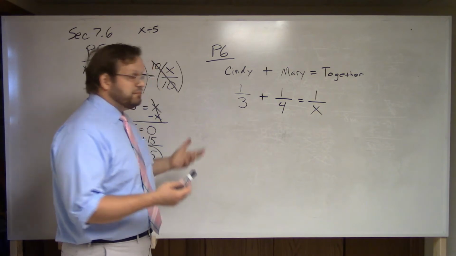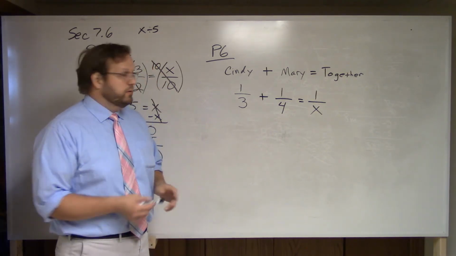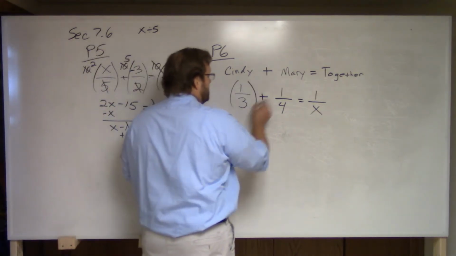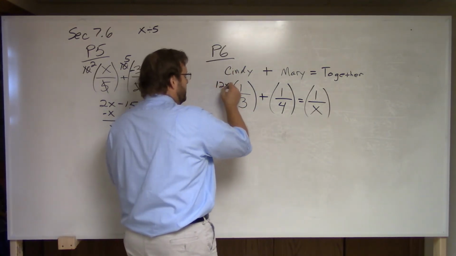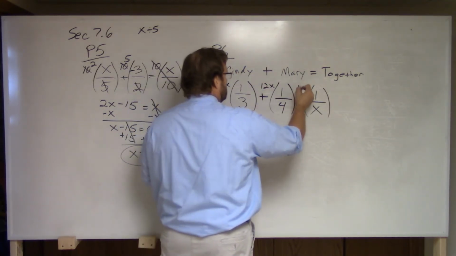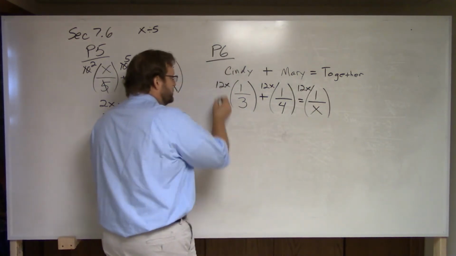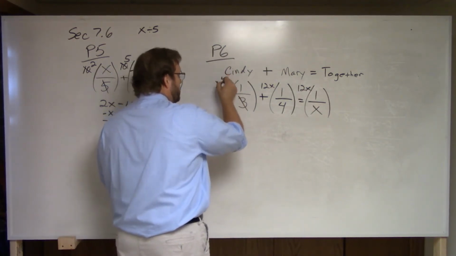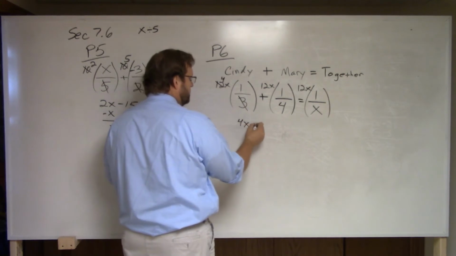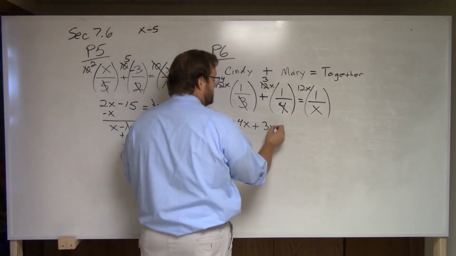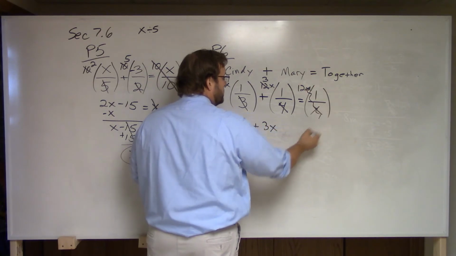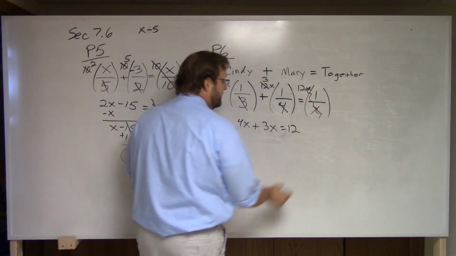And then after that, we have to solve this equation. We can't cross multiply, so I'm going to multiply by that LCD of 12x. 12 divided by 3 is 4, so I have a 4x. 12 divided by 4 is 3, so I have a 3x. And here the x's go away, so I have 12 times 1 is 12.